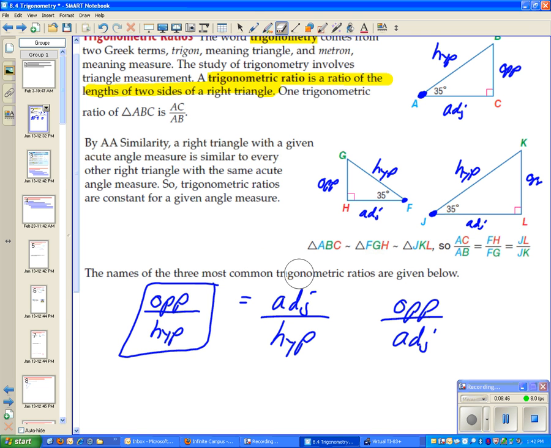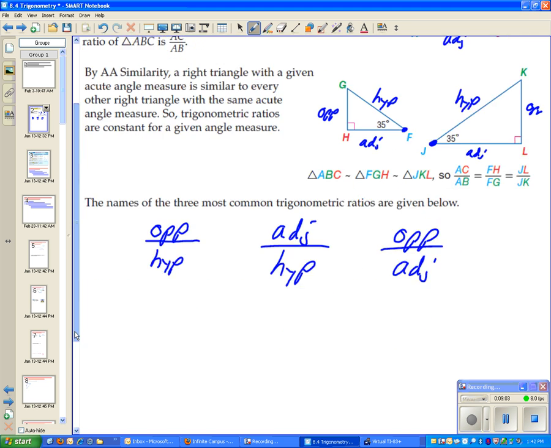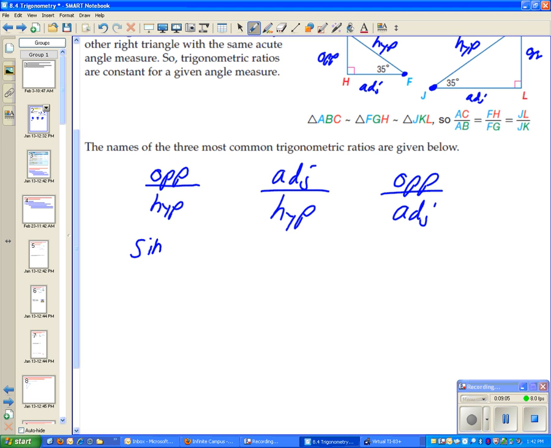Now, what we need now are names, because we're going to use these. We're going to use these a ton. And we don't need to be saying, hey, remember how we said that the opposite over hypotenuse ratio is always the same? We need a name for it. So here are the names. This one is called sine.